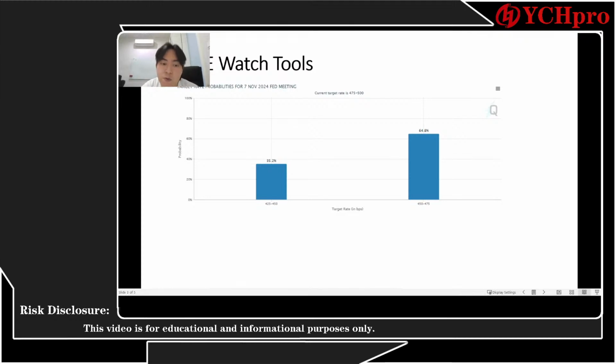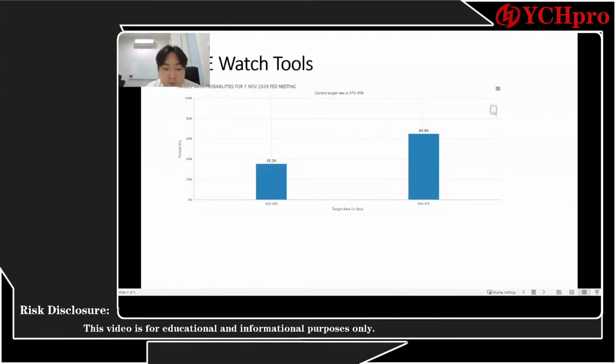This is one of the reasons why the dollar index has been gaining a really huge momentum compared to other pairings. The 50 basis point probability is about 35.2%, so it's really not that much, to be honest. It's quite likely that the Federal Reserve will be raising 25 basis points in November.